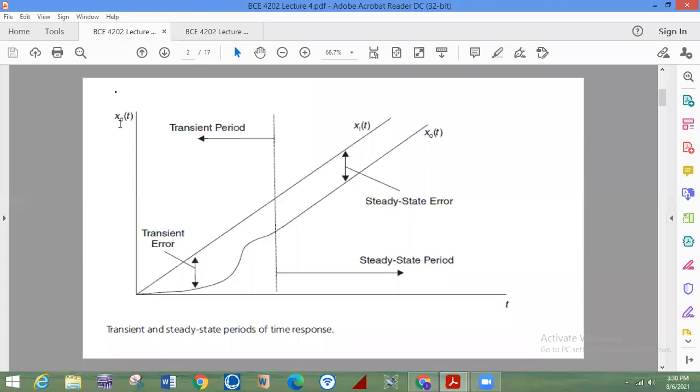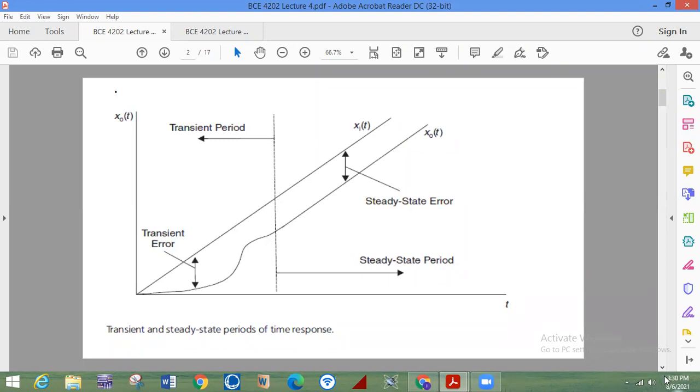This is a position or displacement against time graph, where we have a constant velocity, or this ramp, which means a sloping surface. So we have other components, transient error and steady state error.